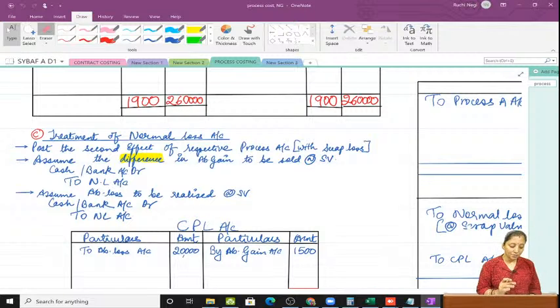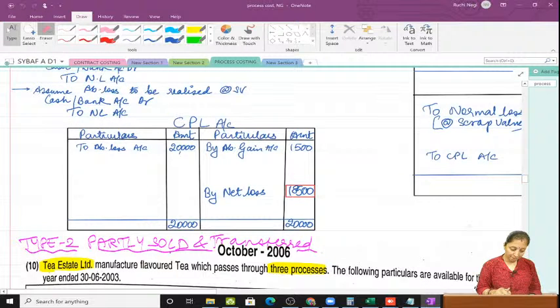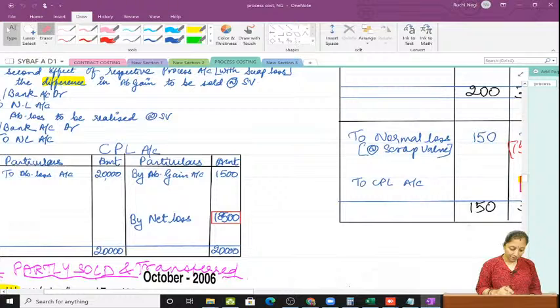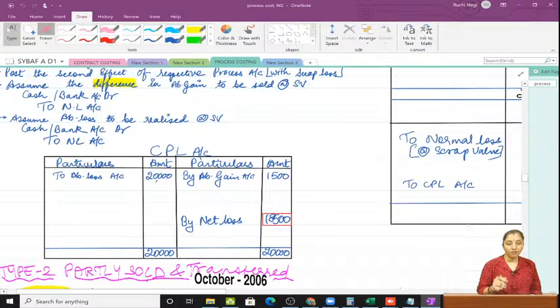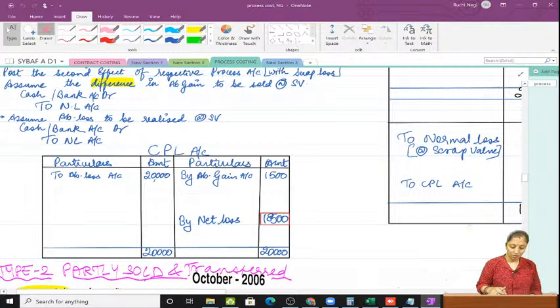So the journal entry becomes cash/bank to normal loss account, and assume abnormal loss to be realized at scrap value. Then if you want to know the profit or loss in process account, we prepare the costing profit and loss ledger.